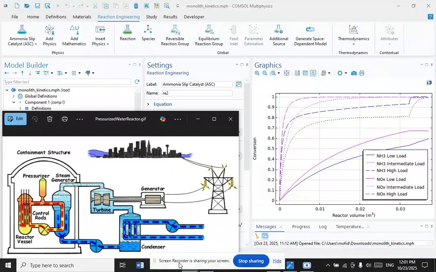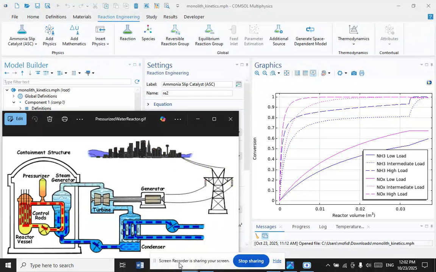The next one is optimization. The kinetic models and simulations are used to optimize the reactor design for better performance, such as maximizing the desired product yield or minimizing unwanted byproducts like ammonium in nitrate reduction.